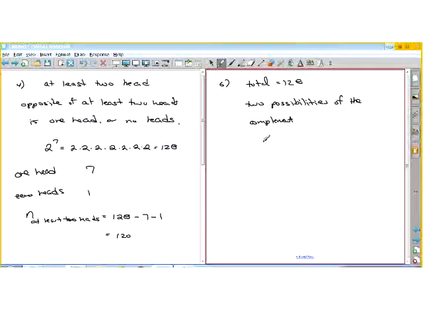Those are all heads, in which case there are no tails, or you can have all tails, and that has no heads. So those are the only 2 possibilities. So the final answer is 128 minus 2, which is 126.